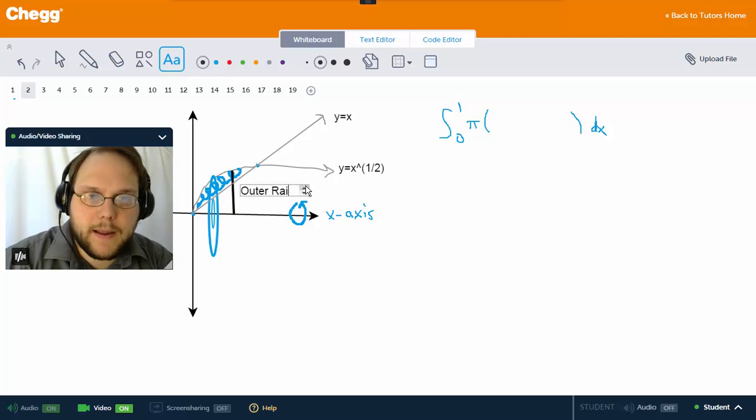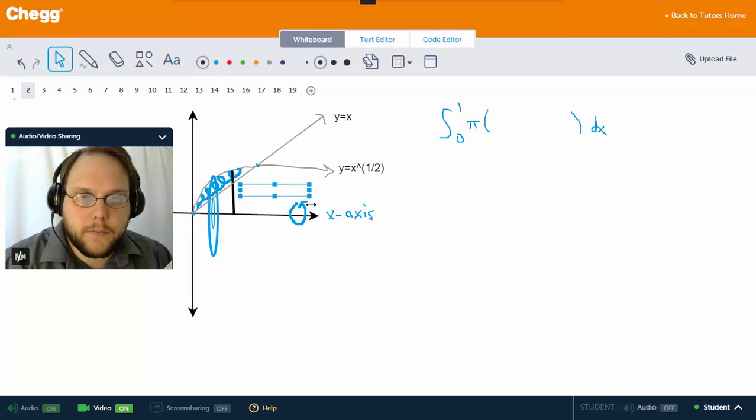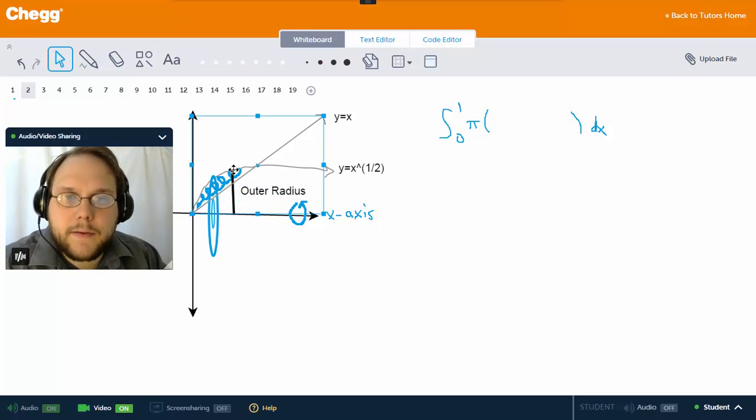I drew it slightly away from the blue circle so that you could see it better, but I hope you can tell that this outer radius right here goes from the x-axis all the way up to this square root function.